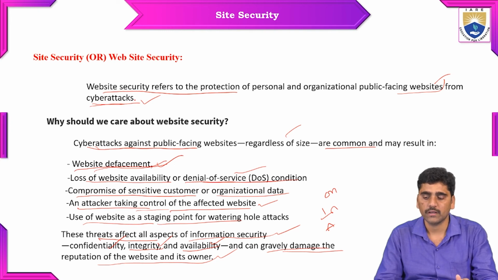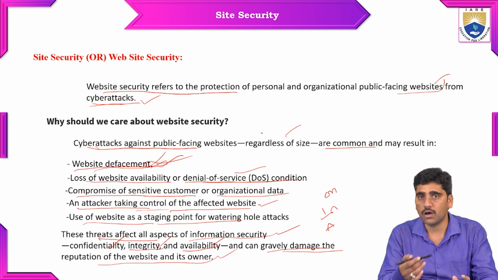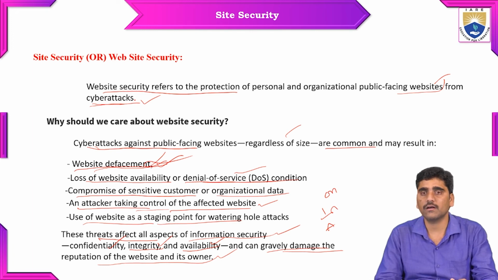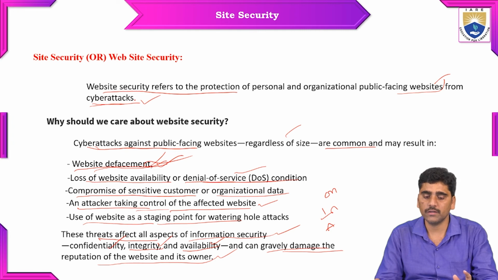They are going to access the information from the websites or from the users' point of view. So why should we care about website security? To prevent website defacement, loss of website availability or denial of service, and loss of sensitive customer or organizational data. For all these purposes, we take care of website security.